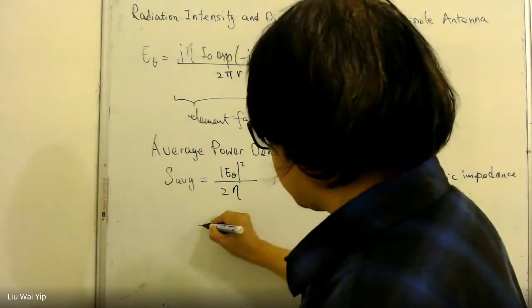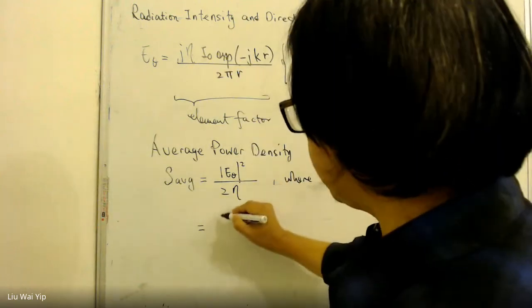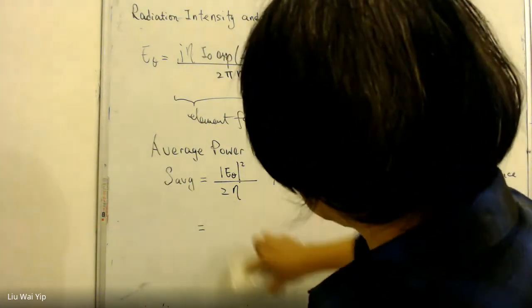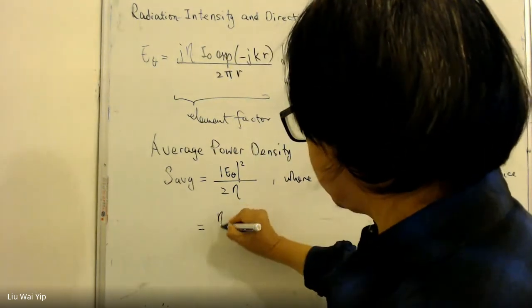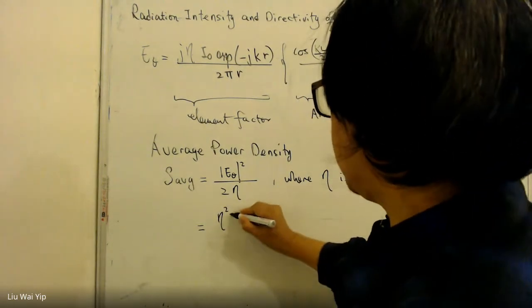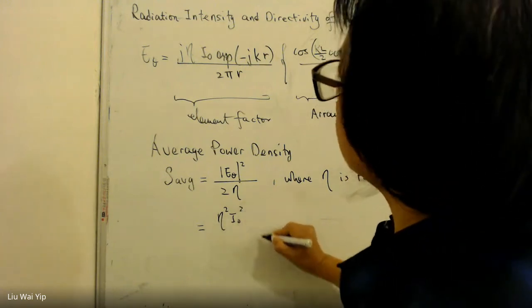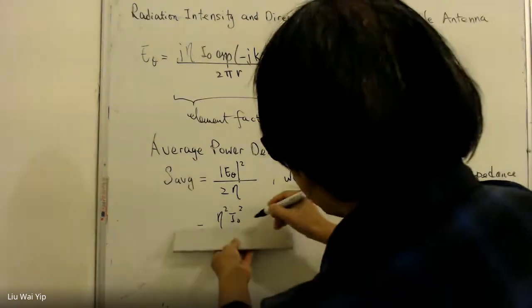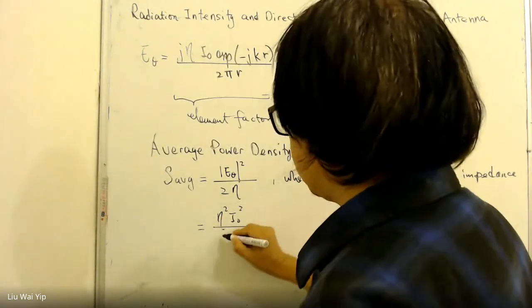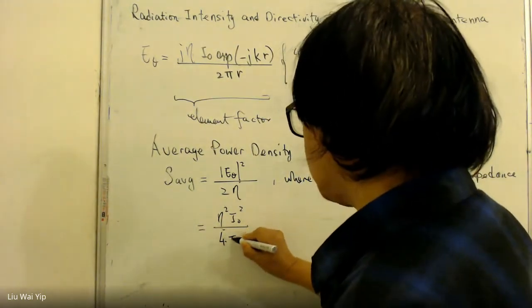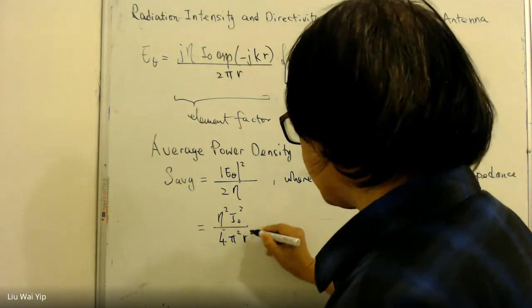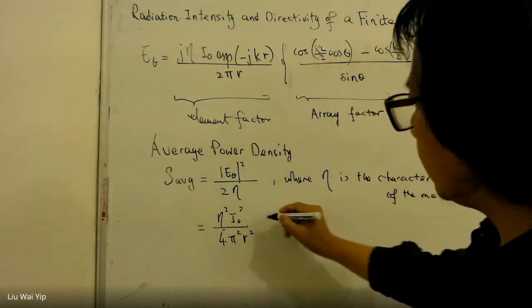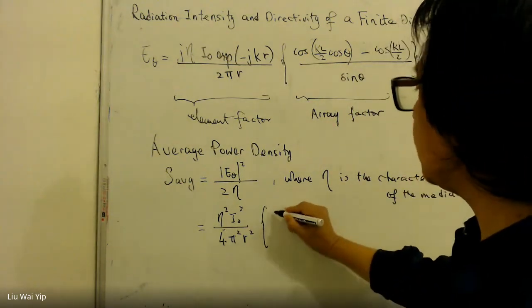So by direct observation, we have I naught squared, and this term will vanish, divided by 4 pi squared r squared. And finally, we just need to take the square of this term.